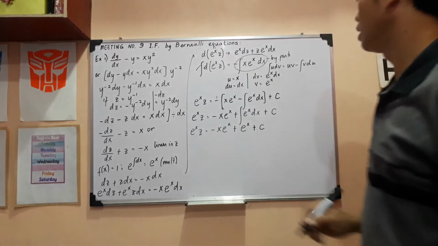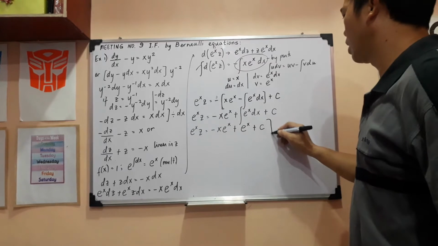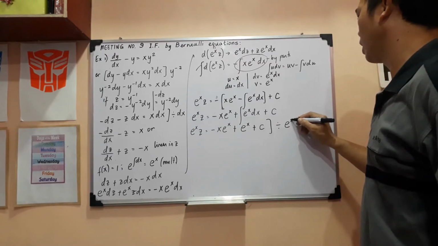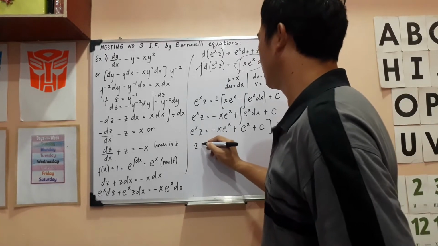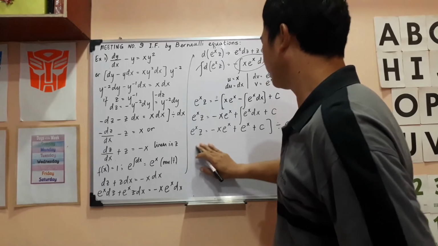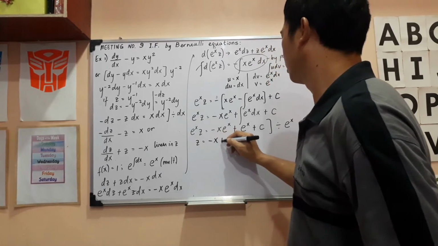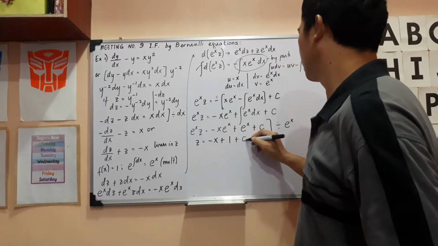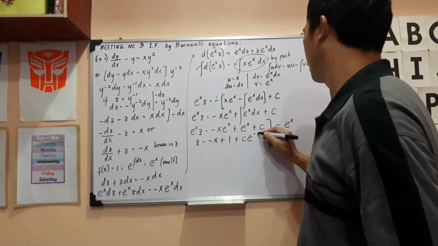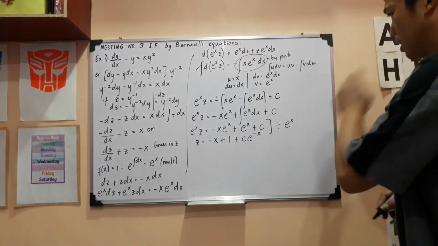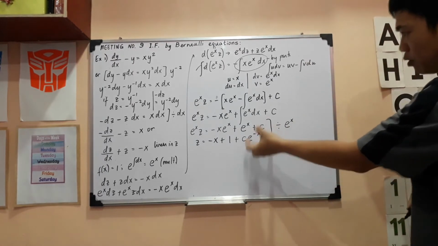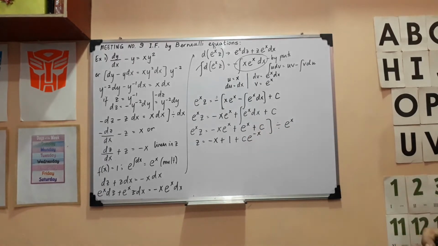So now, when I divide all of that by e raised to x, I have now z is equal to negative x plus 1 plus c e raised to negative x. Why negative? Because in the division it is in the denominator; when it goes up, it becomes negative.